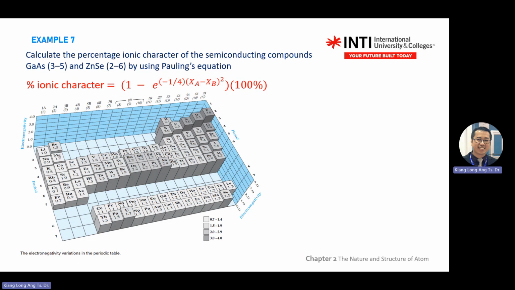You write the equation. XA is what? What is the value for XA? Where is zinc?